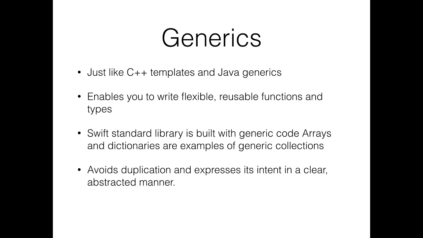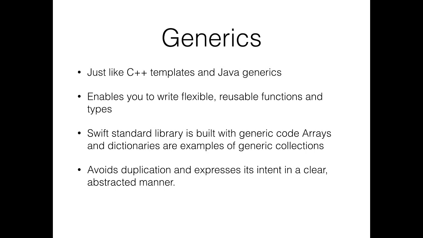We have generics now. And generics may be very familiar to you guys if you have done some work in C++ or Java. They basically enable you to write flexible code. A lot of the standard library of Swift is written with generic code, which makes a lot of sense.